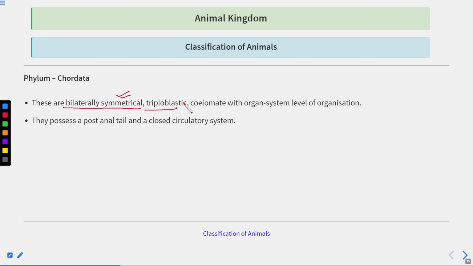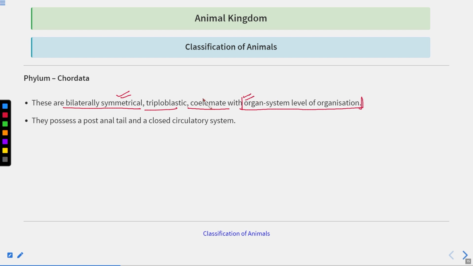Triploblastic, again this triploblastic feature is one of the very advanced features. The embryo is having three germinal layers at the time of development, and they form the ectoderm, mesoderm, and endoderm. Later, they form the different organs. Coelomate, true body cavity with the organ system level of organization.